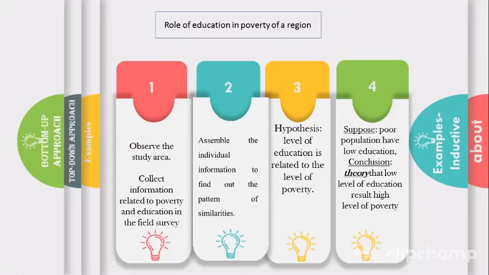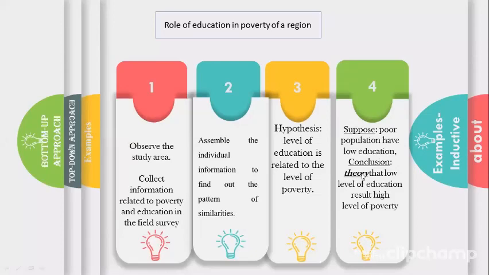Next, supposing based upon his various information and his pattern, he finds out that the poor population have low education. This is just a supposition. Based upon this, his ultimate conclusion will be a theory.